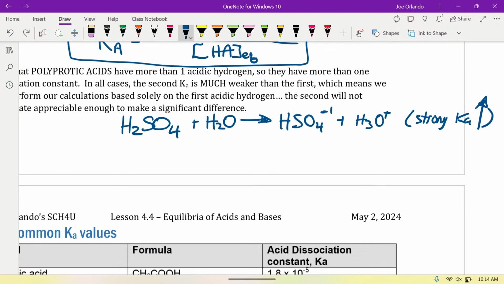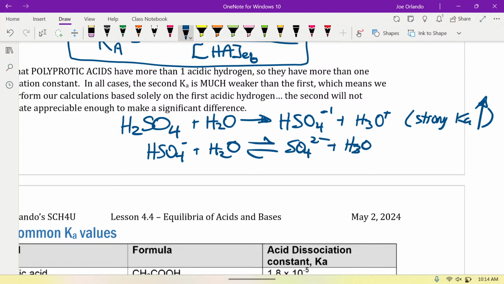But then the second one, HSO4-, it can actually lose another hydrogen, and it can give us SO4 with 2- and another H3O+, but this one has its own Ka value. Does that make sense? I don't know what it is, but it has its own Ka value. So each hydrogen that it loses is actually its own equation with its own Ka value.